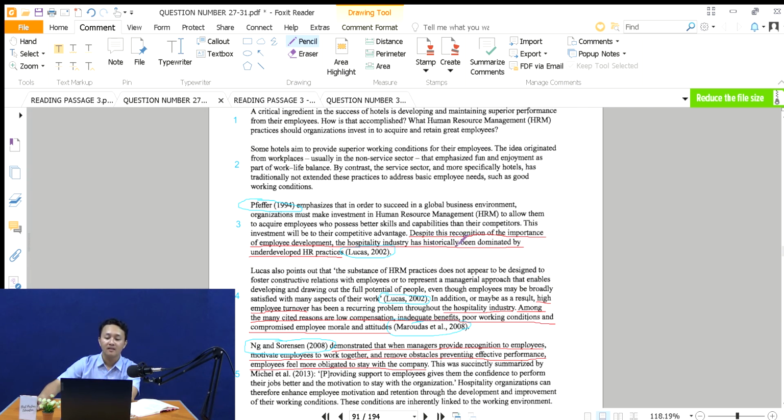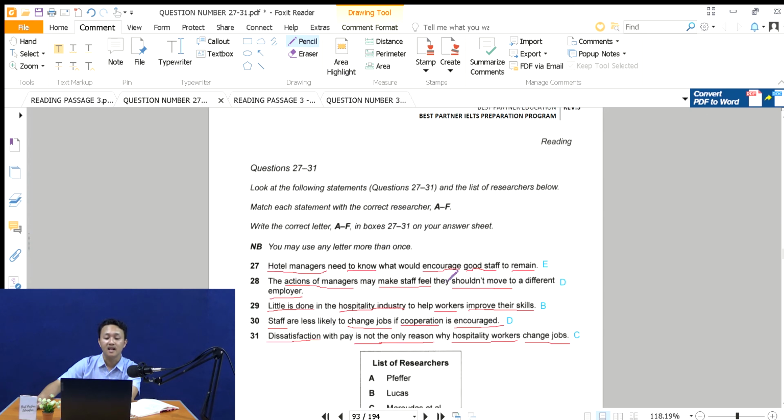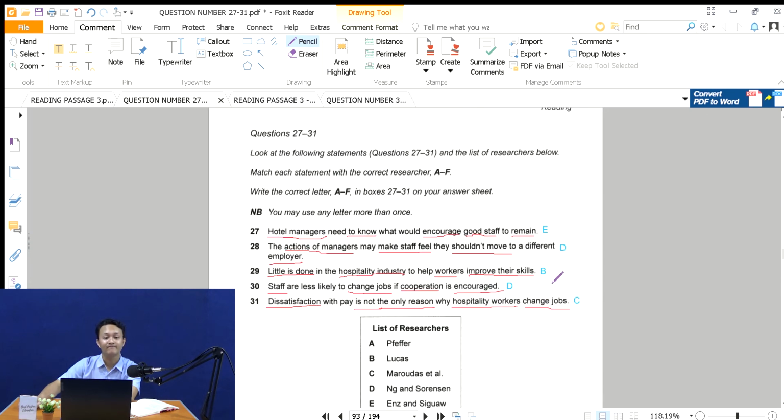Despite this recognition of the importance of employee development, the hospitality industry has historically been dominated by underdeveloped HR practices. So it means that they do not do much to improve the employees' skills, right? And then the statement is made by Lucas. So the answer is B.